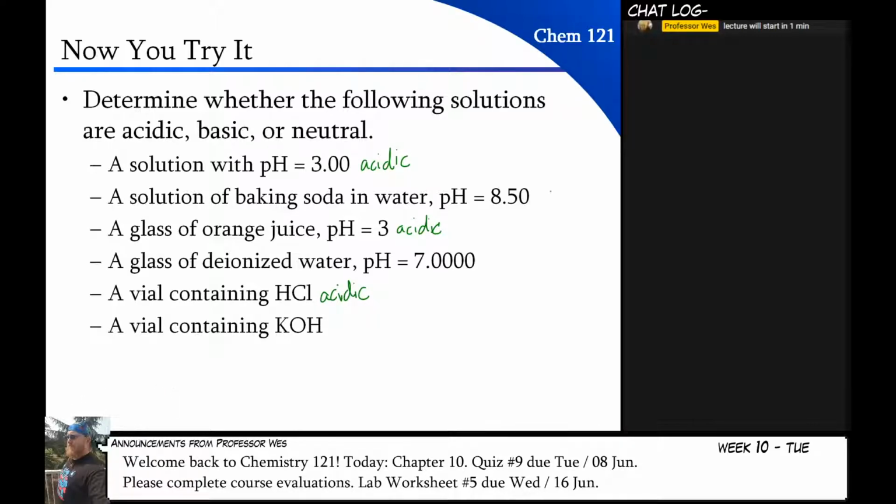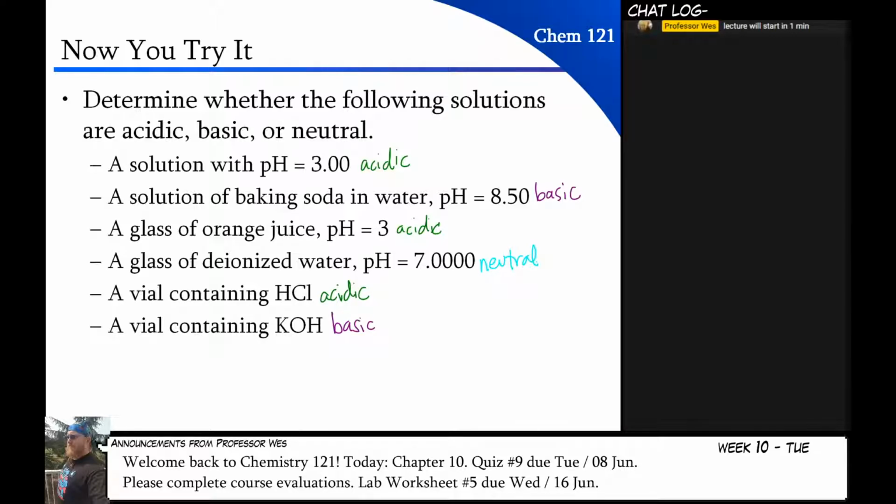All right, and then all the basic things would be higher pH than 7 or contain KOH. And then that leaves us with one thing in the middle here, and that's this guy. So pH 7 is neutral. All right, let me know if you have any questions.